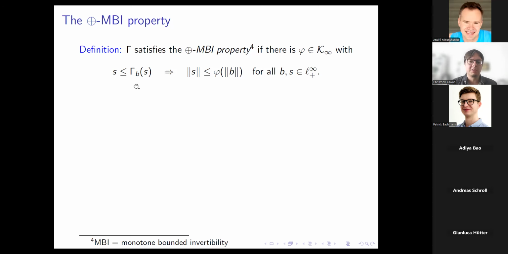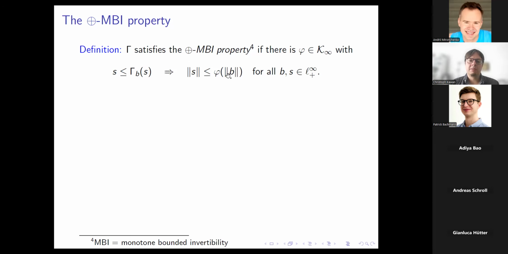Probably it looks a bit strange. You might have never seen this before or something similar, but actually you have seen something like this, because if you would replace this component-wise maximum operation with the usual sum or plus operator, then you would have here b plus gamma of s.